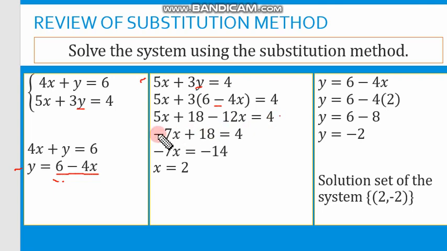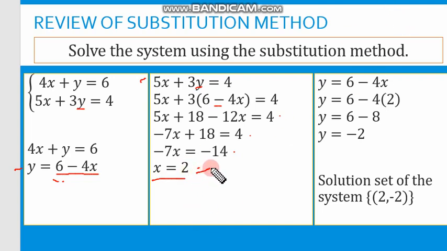Next, combine like terms. 5x minus 12x is negative 7x plus 18 equals 4. So negative 7x equals, moving 18 to the right side, 4 minus 18, which is negative 14. So negative 7x equals negative 14. Divide both sides by negative 7. So x is equal to 2.